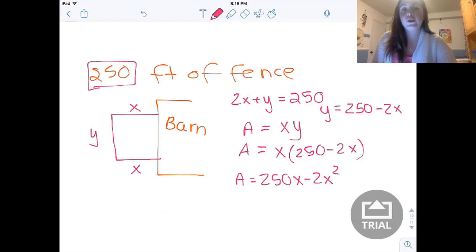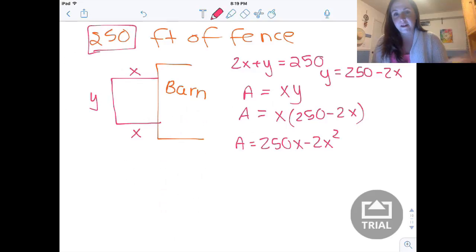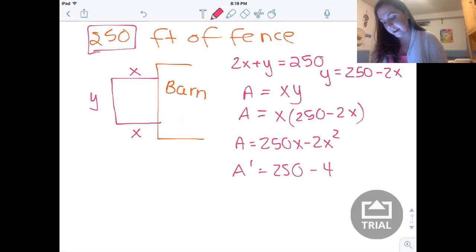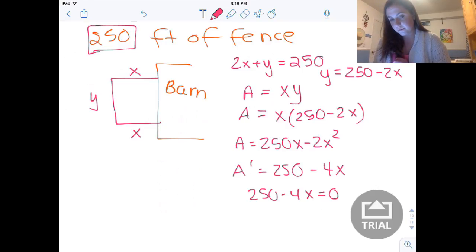So from there, I'm going to maximize that. So A prime is 250 minus 4x. Find the turning point for that. So 250 minus 4x equals 0. And that would give me 250 equals 4x.